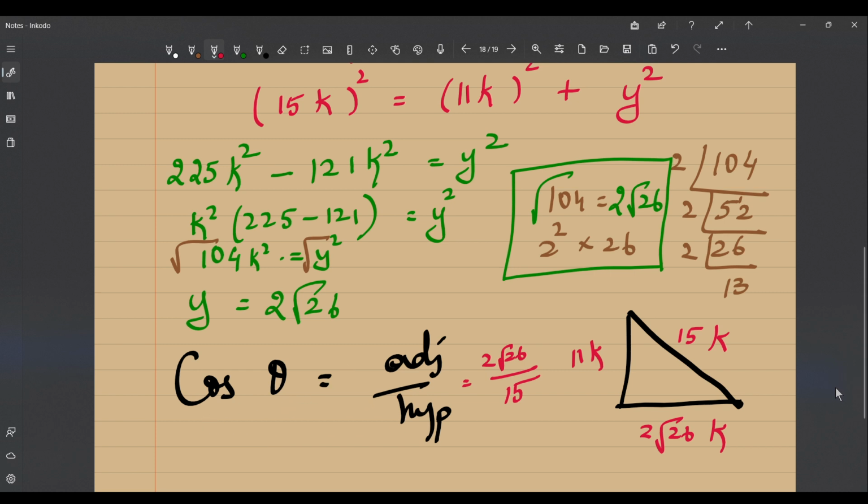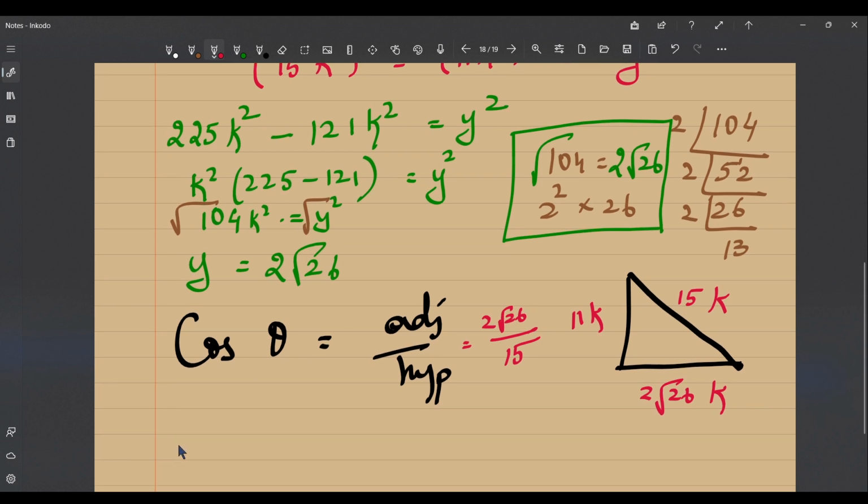Now what are the other ratios? Tan theta. Tan theta is sine by cos. It's actually quite difficult to remember these ratios. So if you know that sine theta is opposite by hypotenuse, then you can arrive at the other ratios using the relationship between them.